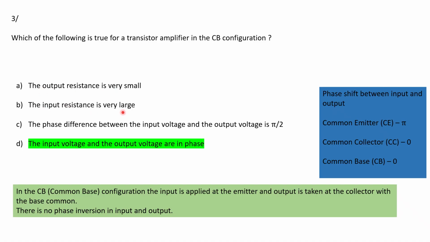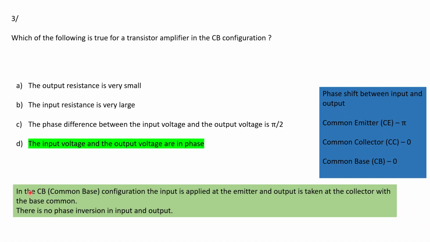The input resistance is very large, also wrong. The phase difference between the input voltage and the output voltage is pi/2. This is not correct, because in CB configuration the phase difference is basically 0. Then option D, the input voltage and the output voltage are in the same phase, so option D is the correct option.